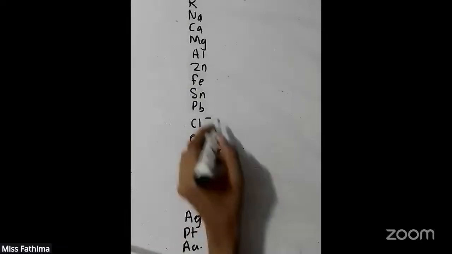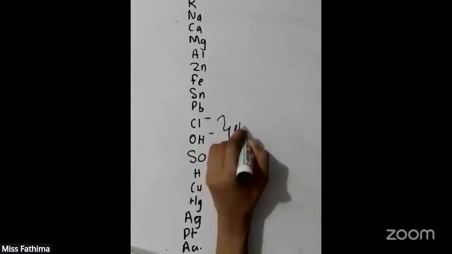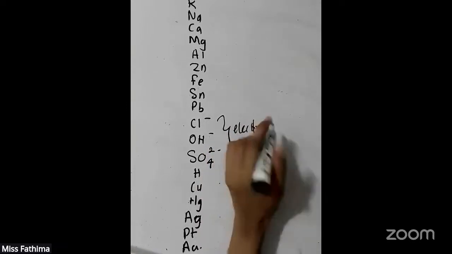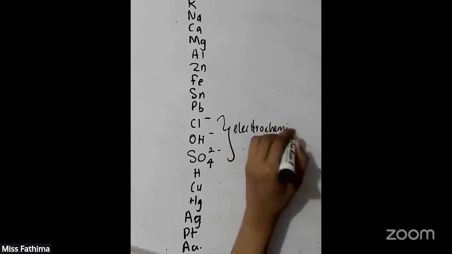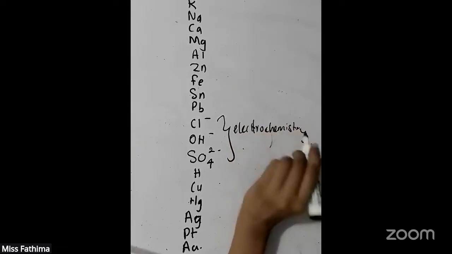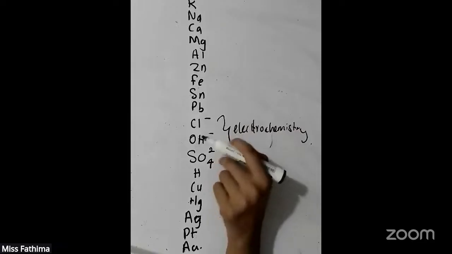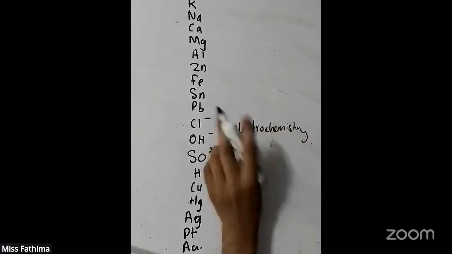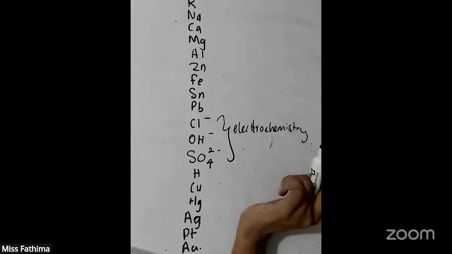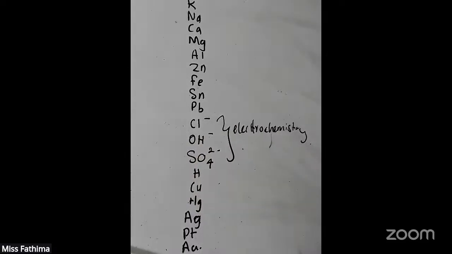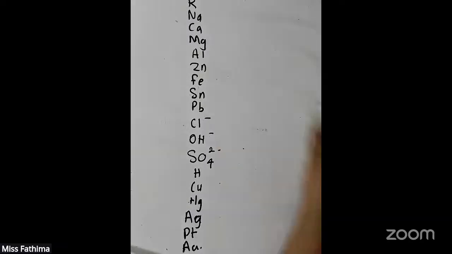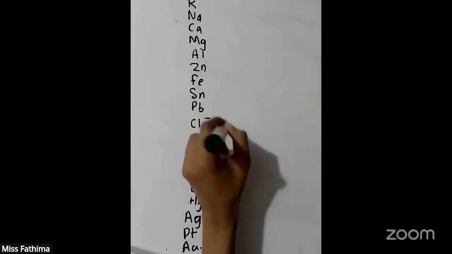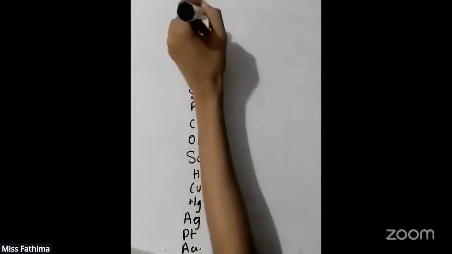These 3 you add to the reactivity series only for the electrochemistry lesson. If they ask you to write the reactivity series, you are not going to mention these 3. Now you know what oxidation and reduction are.